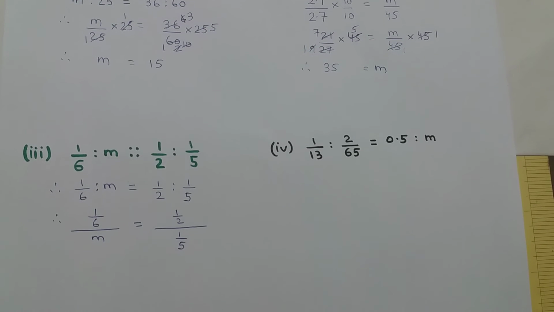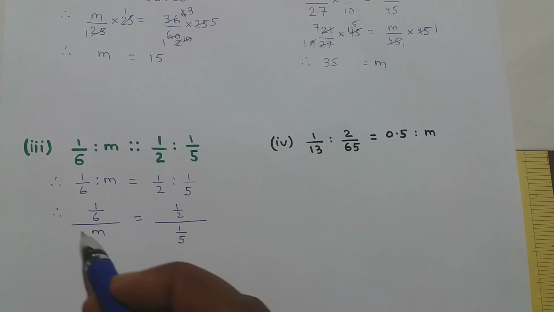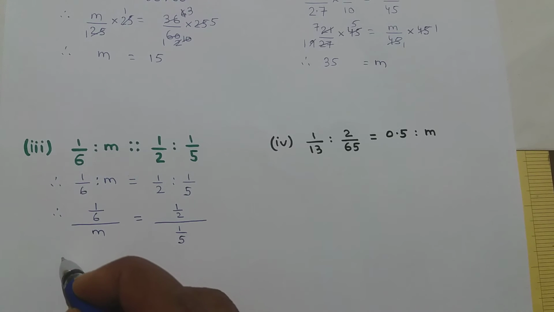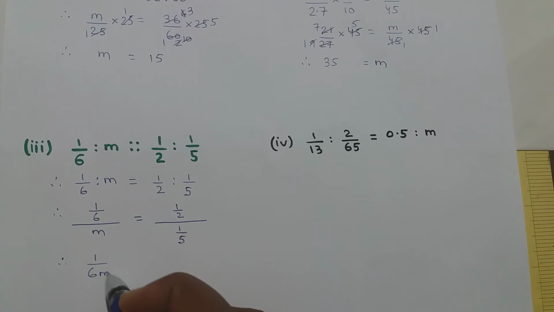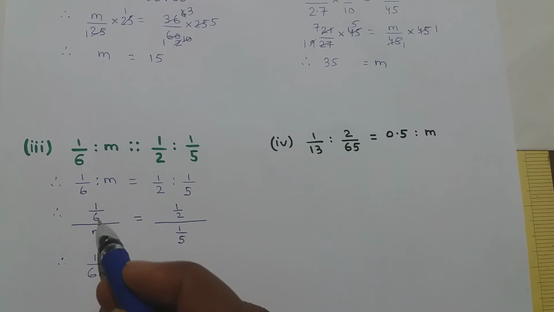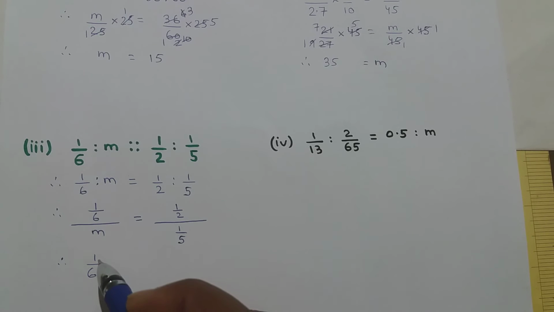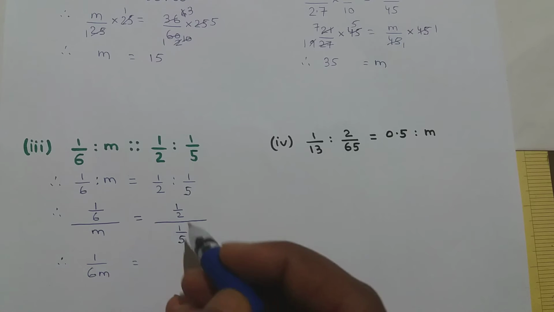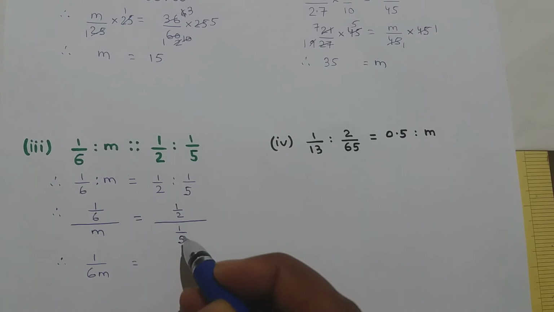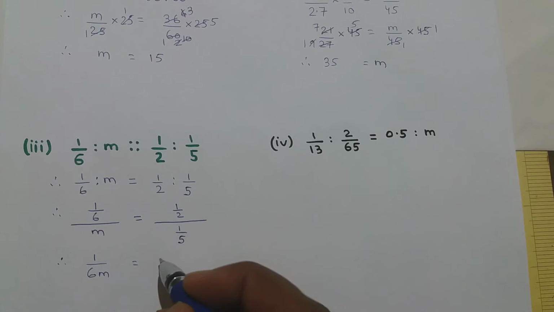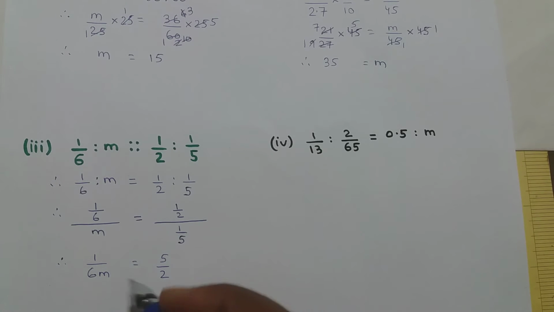Now 1 upon 6 upon m is 1 upon 6m, that is equal to 1 upon 2 upon 1 upon 5, that is 5 upon 2. So it becomes 1 upon 6m is equal to 5 upon 2.